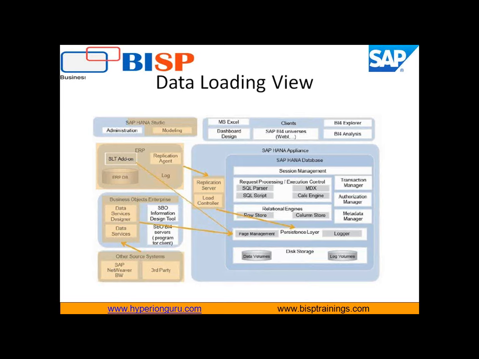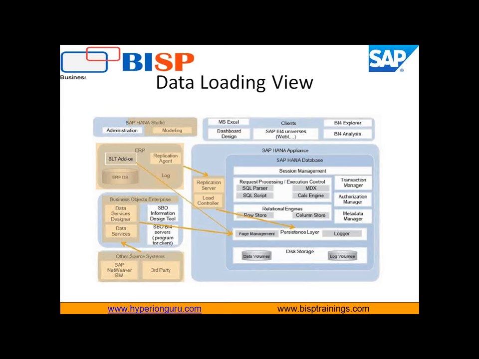Loading means we might be working on it, or the request might be from an application layer. So the areas it is going to touch are views, calculation views, and all the content that belongs to the modeling. And ERP agents, if it is real-time replication, it will hit the replication servers.